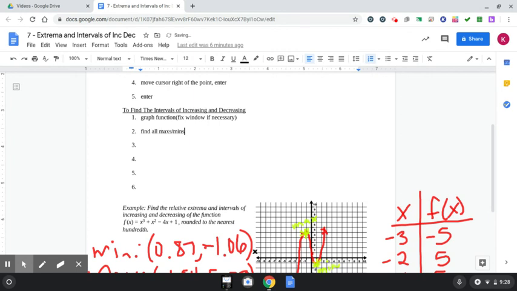Third step, so this is where the new stuff starts. To find the intervals of increasing and decreasing, what you're going to do first is draw a number line. That's going to help you organize your thoughts.